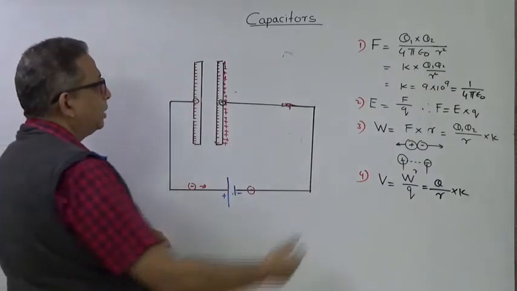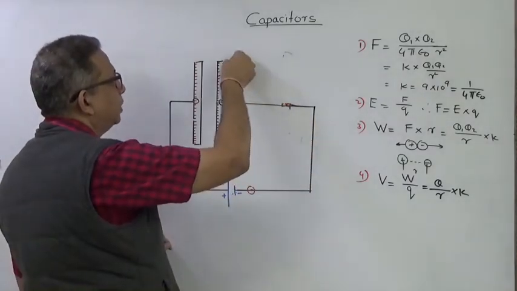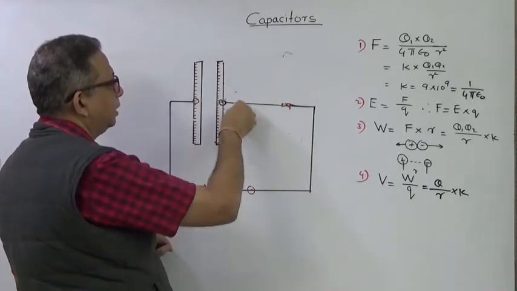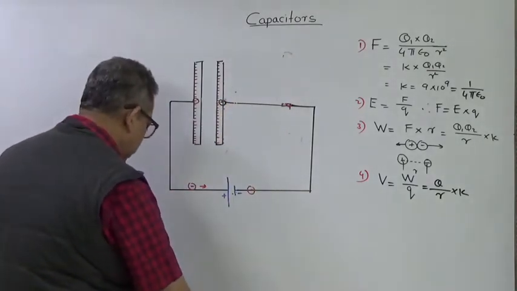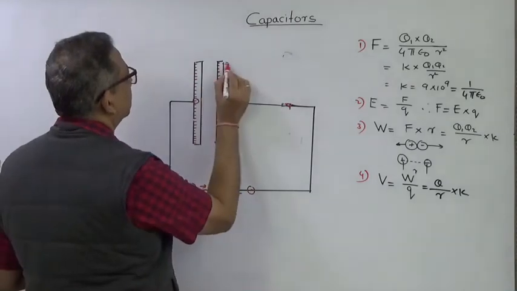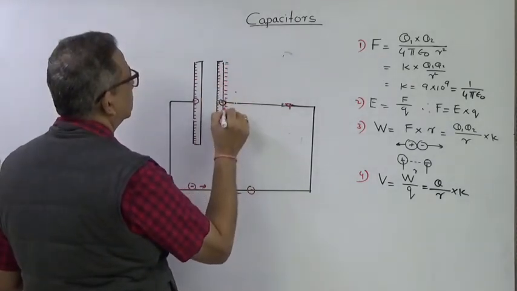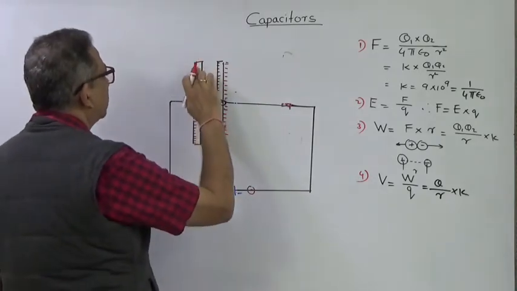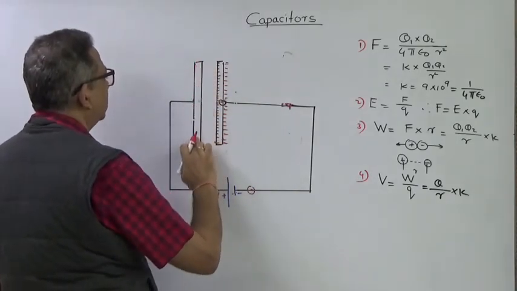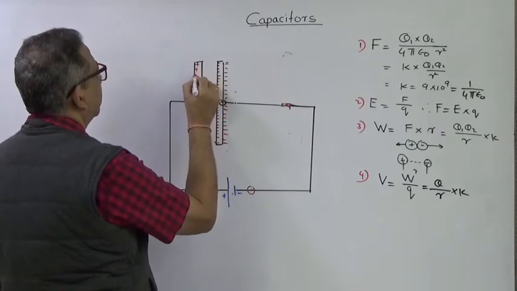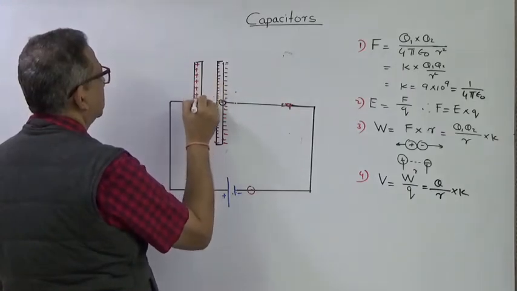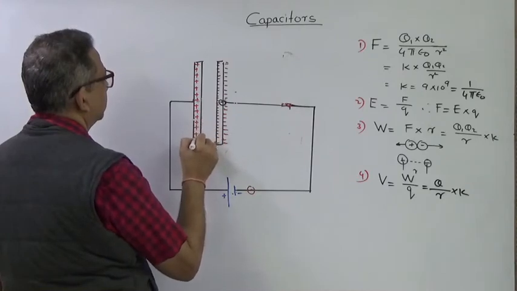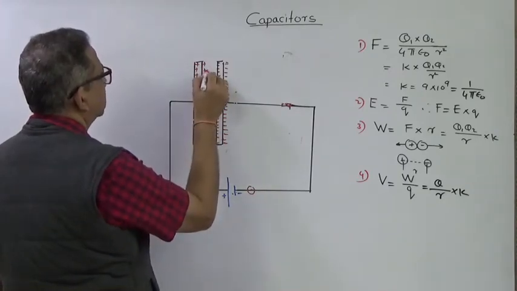So when electrons get deposited on this plate, slowly this plate will start getting negatively charged on both the surfaces, and this plate, when all the electrons go away from it, will develop a positive charge on both the surfaces.